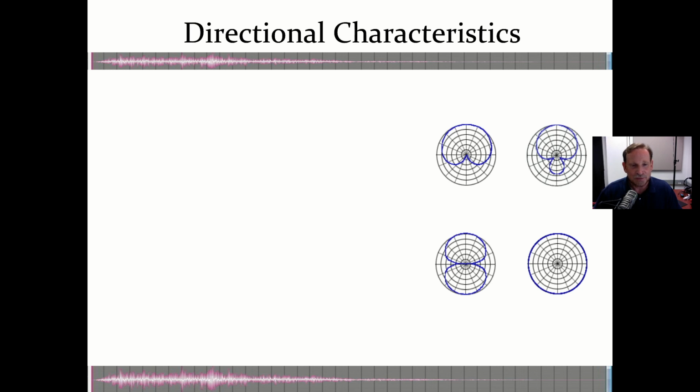We also are probably familiar with this bidirectional microphone image and the omnidirectional microphone response curve.